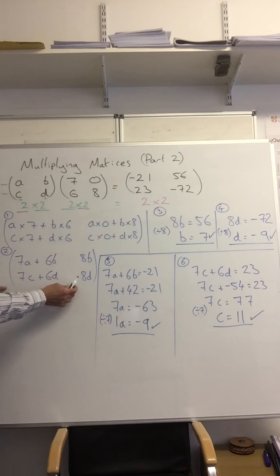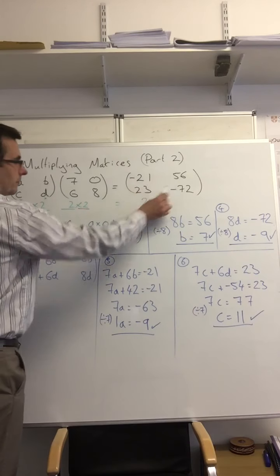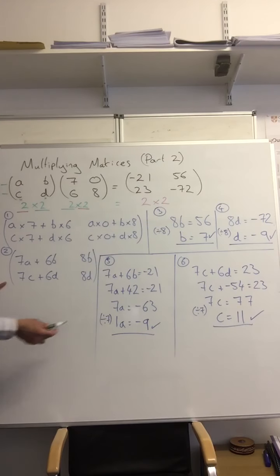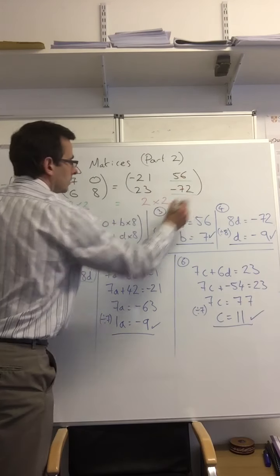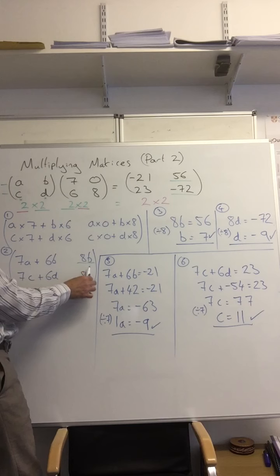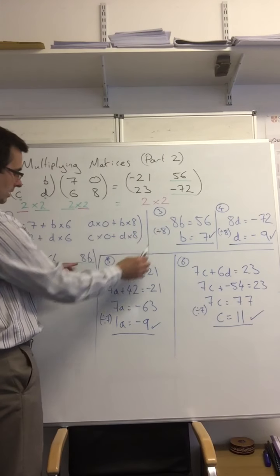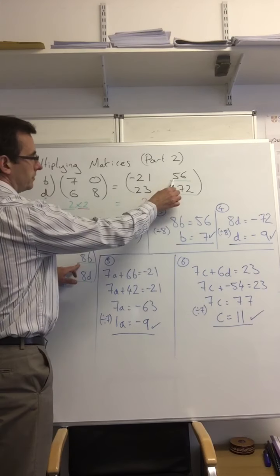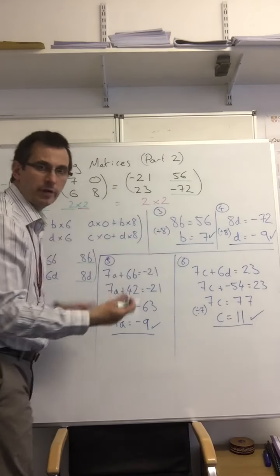I'm then looking at which elements of the matrix I can figure out with the information I've got. This one's a bit trickier because I need to have the answers for B and D. So I'm using those two elements of the matrix and they are equal. I just need to find the value of B. So step 3, 8B is equal to 56, and you're all very good at this.